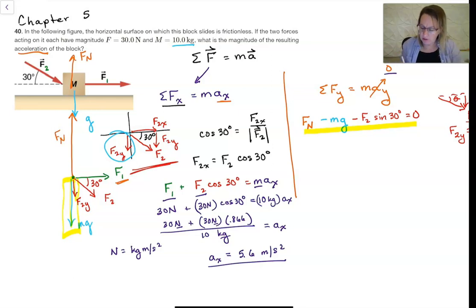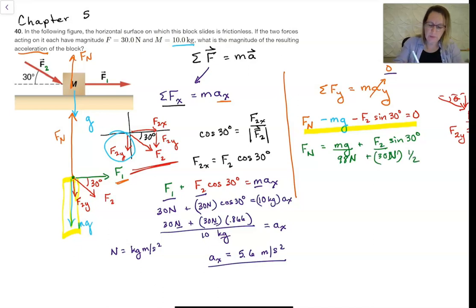If I plug all the values in, I find that the normal force is equal to mg plus F2 sine of 30 degrees. F2 is still 30, so this is 30 times sine of 30, which is 1/2, so 15. And mg is 10 times 9.8, so this is 98 newtons plus 30 newtons times 1/2 from the sine.